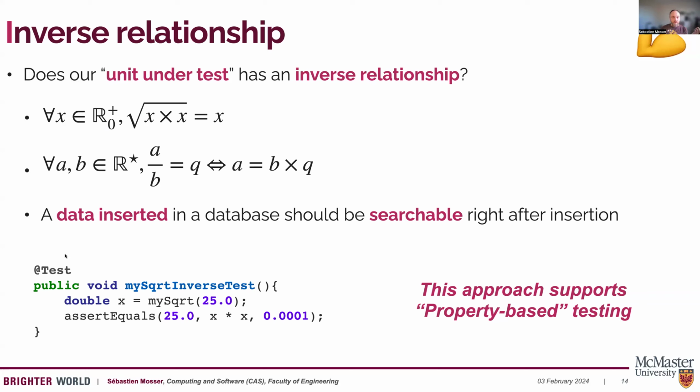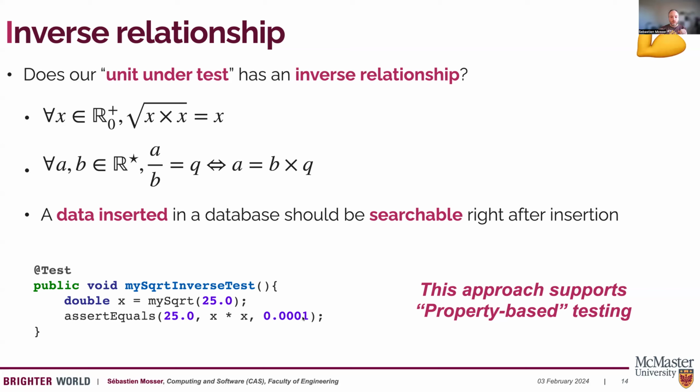So this is the example, still with the test annotation, this is a test, hey GUnit, deal with it. I have my context, which is x being the square root of 25, and I'm asserting that 25.0 equals x times x. I will check this with a given level of precision, 1, 2, 3, 4 significant digits.